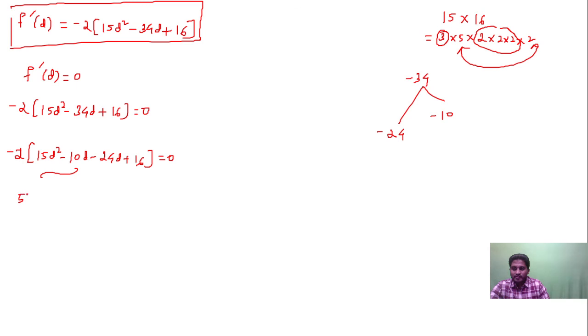Between these two, you take 5d common, this is 3d minus 2. Minus, if I take 24 and 16, if I take 8 common, this is 3d minus 2, is equal to 0. So further, 3d minus 2 common, left out is 5d minus 8, is equal to 0. So you get d is equal to 2 by 3 and d is equal to 8 by 5.